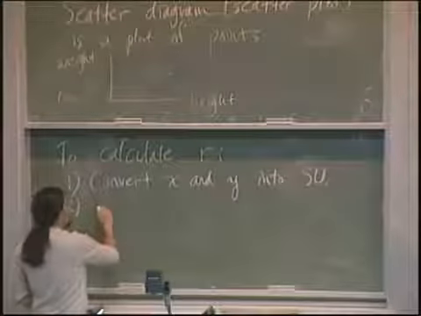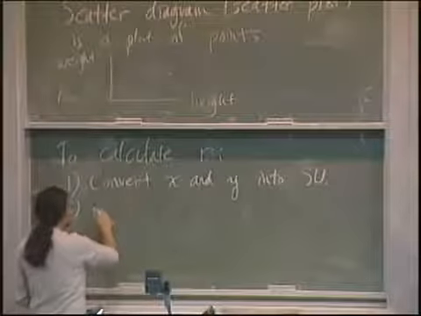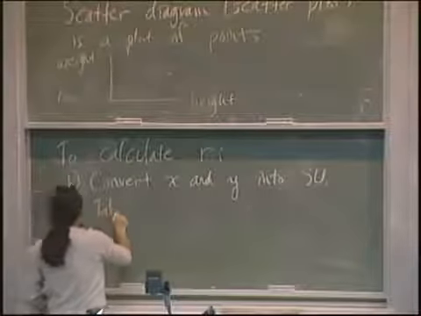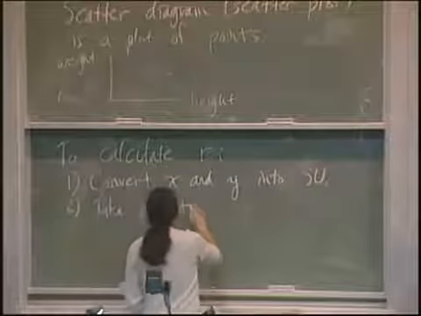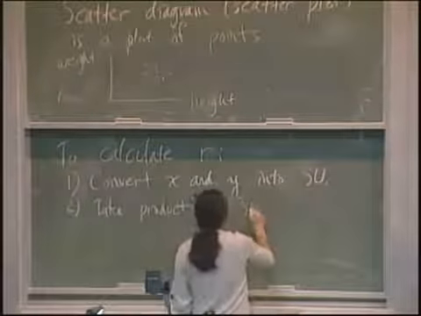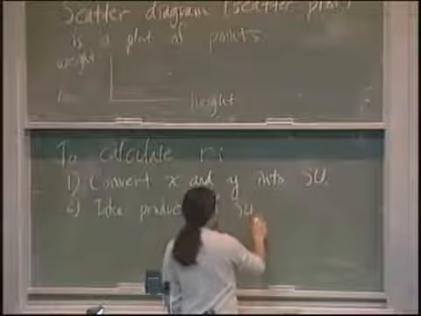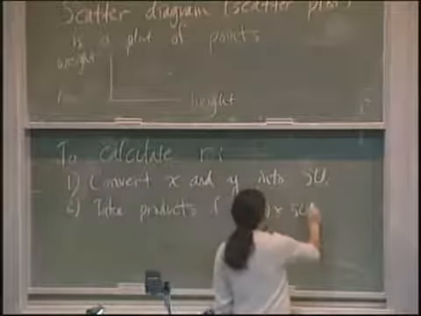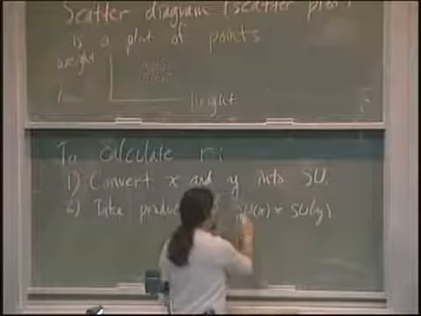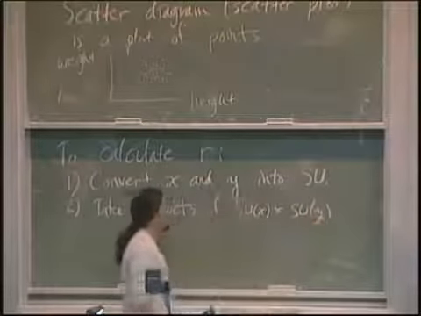Step 2 is to multiply, or take the product, of the standard units. And I'll just label this SU of x times SU of y. So that's the standard units of x times the standard units of y.